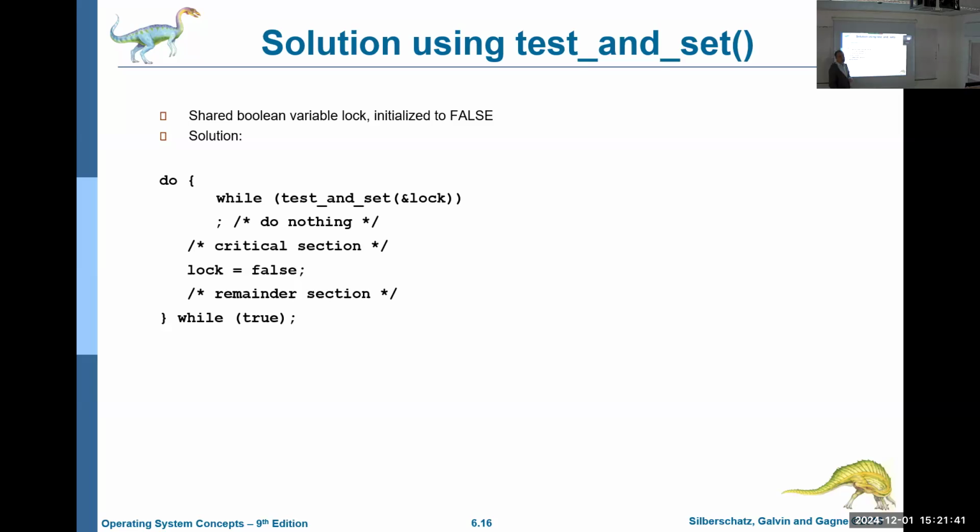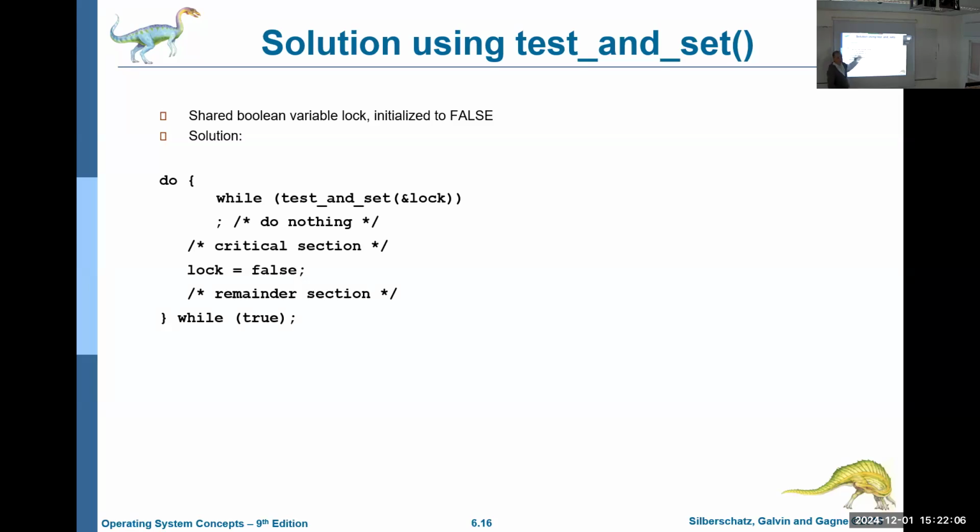The answer is false, because we always return the current value. Test and set does two things: one, it returns the previous value, and secondly, it changes the value to true, and does it in a twinkling of an eye. It can't be interrupted. So test and set on a lock is going to change the lock from false to true.